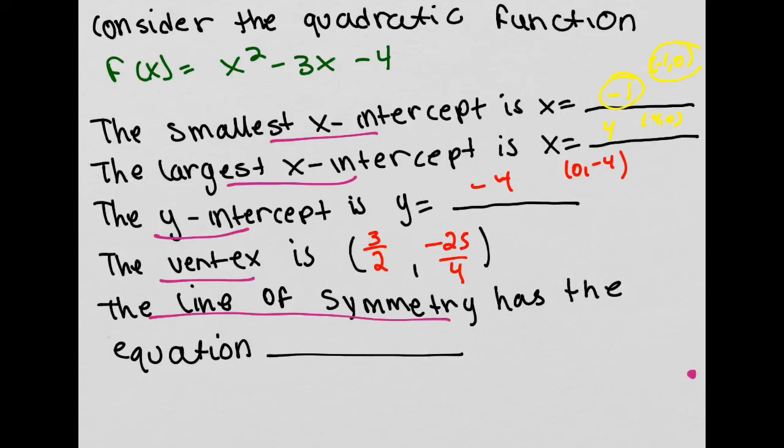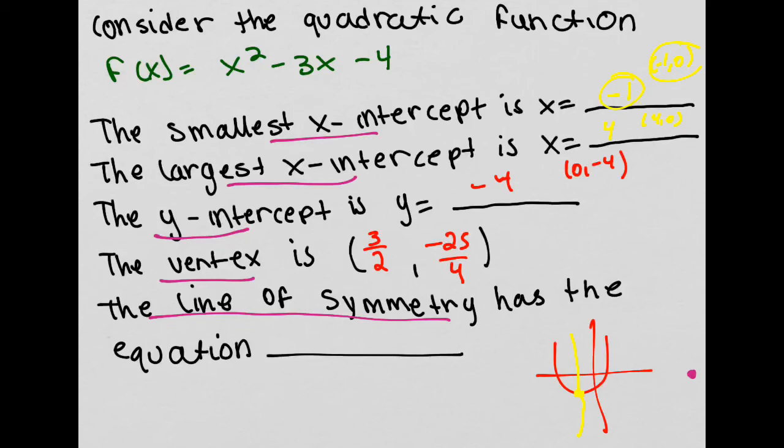Now, it wants us to find the line of symmetry of this equation. The line of symmetry is a vertical line that crosses right through the parabola. So it's a vertical line that crosses right through the middle of the parabola, the center of the parabola, right? And a vertical line is represented with the variable x.